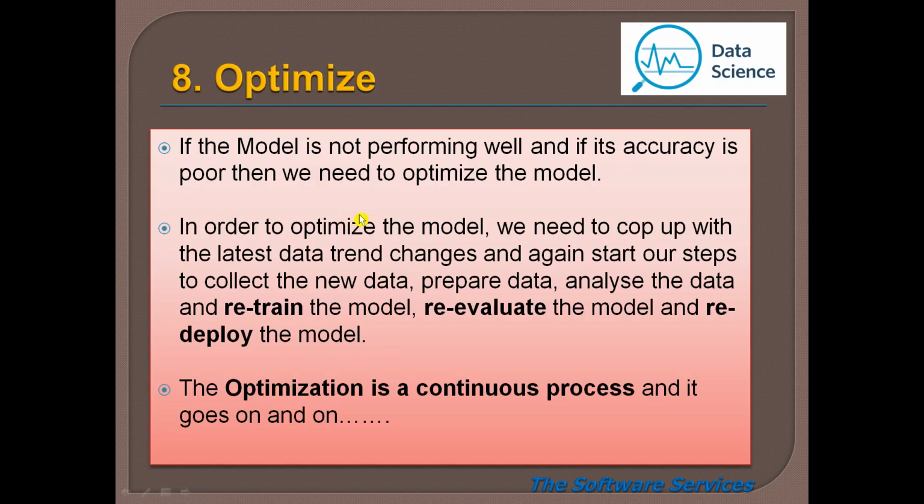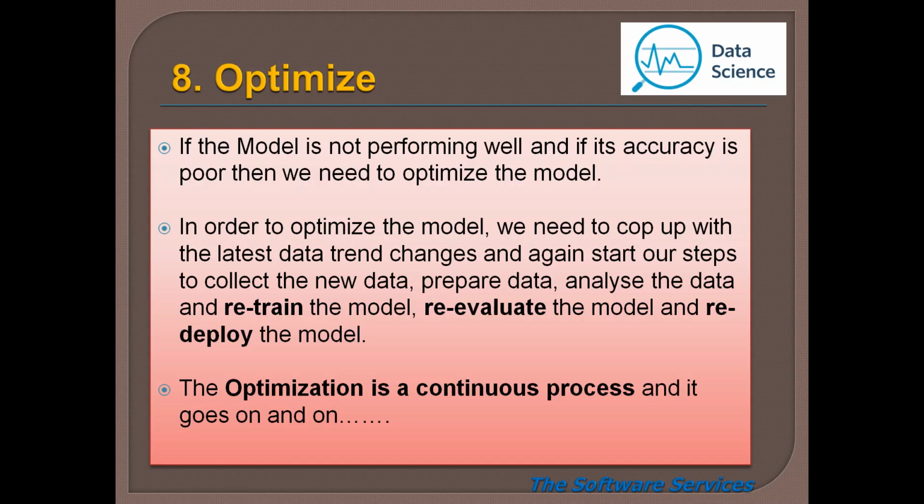So if the deployed model is not performing well in the course of time, so at the time of deployment, if the model is working fine, after 2 months it is not, then what do we have to do? Some new data may be coming, new trends are coming, so the model should accept those new changes, and unfortunately that model is not trained on that new data.